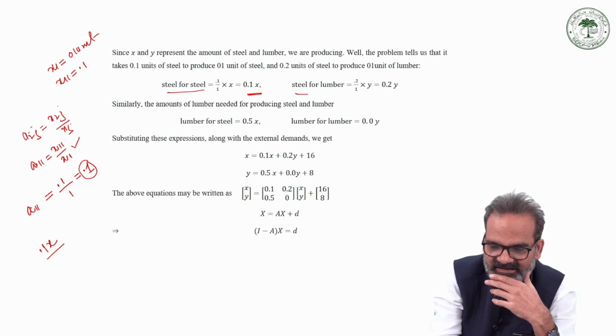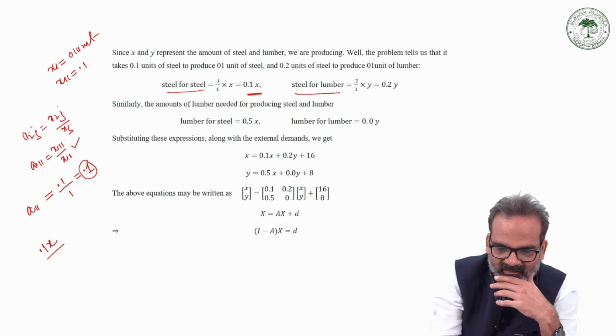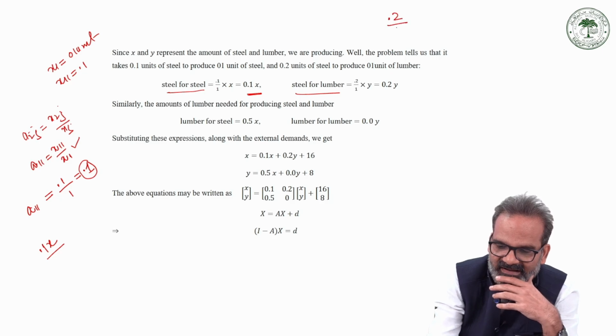Similarly, steel for lumber. What is given? 0.2 units of steel are required to produce 1 unit of lumber. So, 0.2 is divided by 1, and you get 0.2. This means 0.2 units of steel are required to produce 1 unit of lumber.